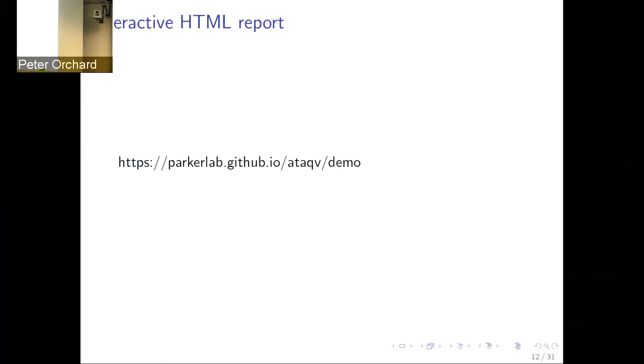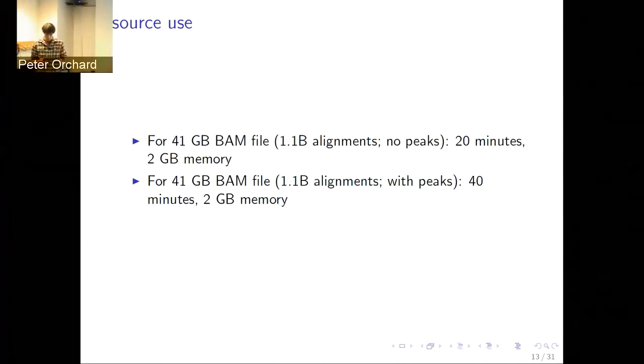So that demo is available on our lab GitHub in case you want to play around with it yourself. To give you an idea of what it takes to run it, we haven't done any really formal benchmarking, but when John was putting it together, he did do some basic checks of resource use.